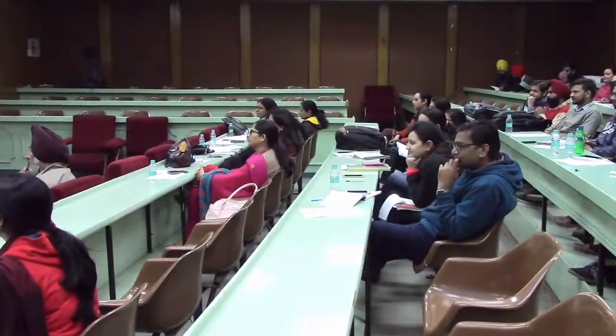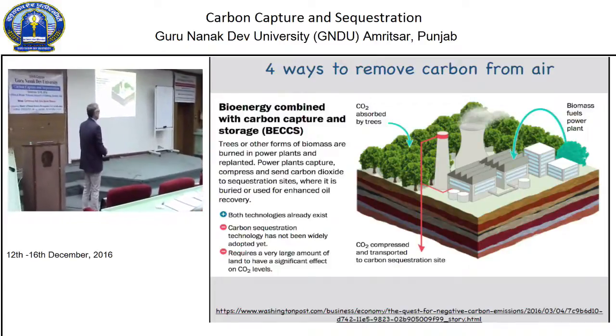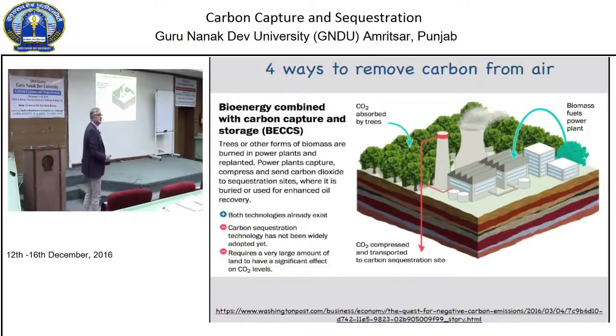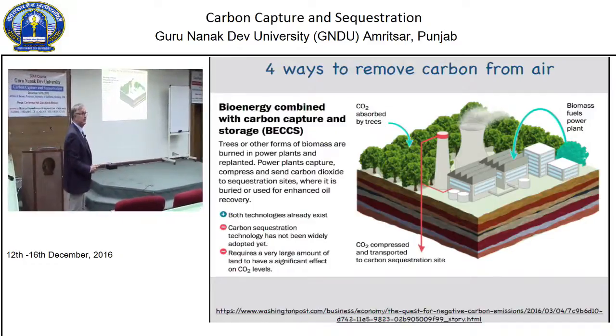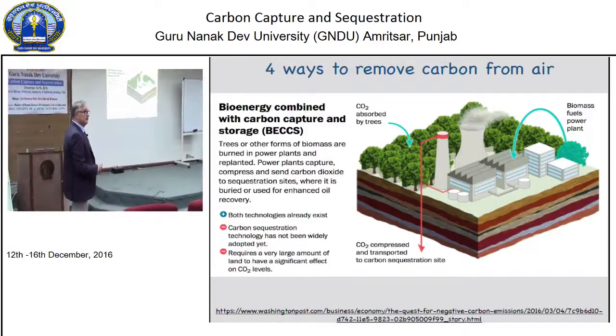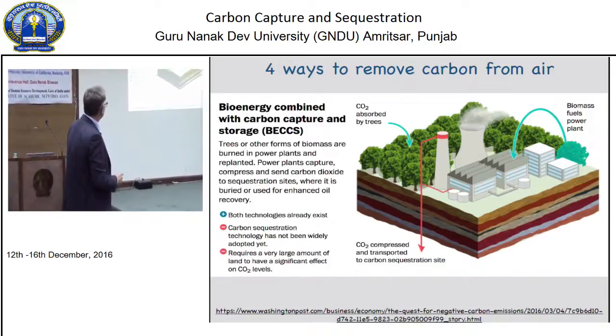So what's one way around this problem of having the CO2 escape? And this is bioenergy combined with carbon capture and storage, BECCS. This is the process that many people think is the most effective, and it's a very growing research community. And the idea is relatively simple.